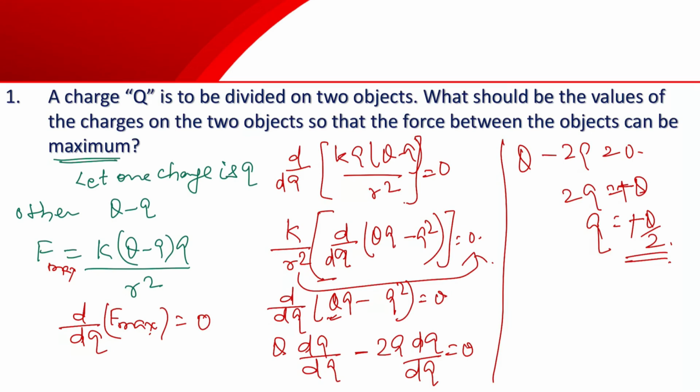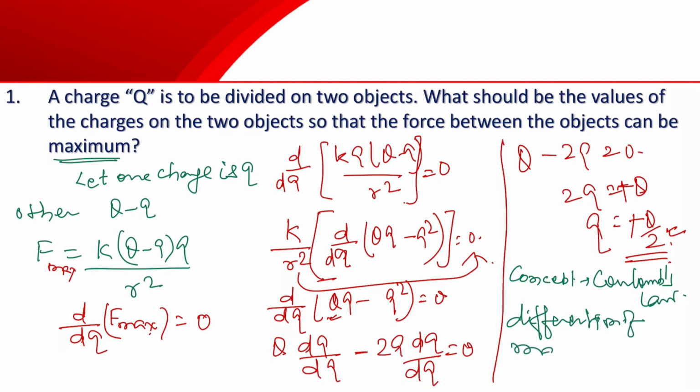That means we have to divide the charge Q into two equal parts so that the force becomes maximum. In this case we have used the concept of Coulomb's law, and one thing we have used, that the differentiation at maximum value will be 0.